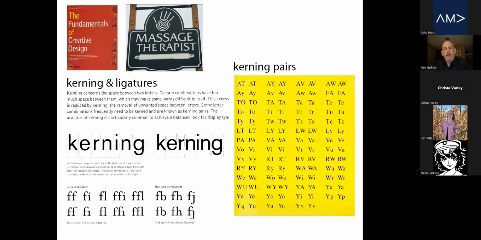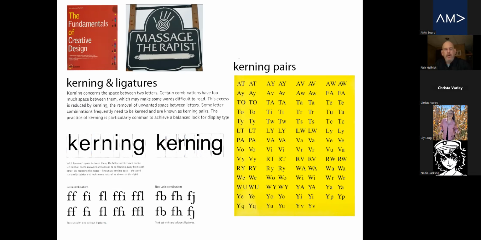Next is kerning and ligatures. Kerning has to do with the spacing between letters, and it's really, really important. This is best illustrated by the example on the top for a massage therapist. The designer wasn't paying attention to the spacing, and it looks like "massage the rapist," all because of poor kerning. So we need to be aware of the spacing between letters, and how do we go about adjusting them?